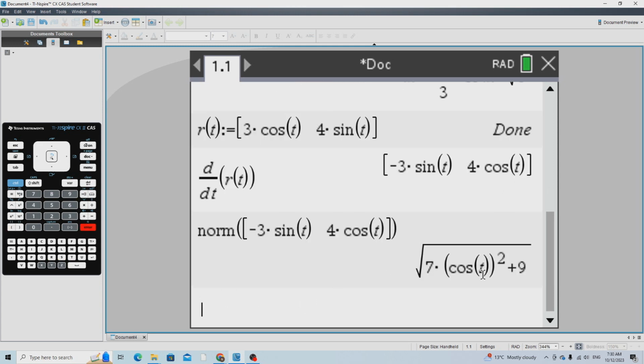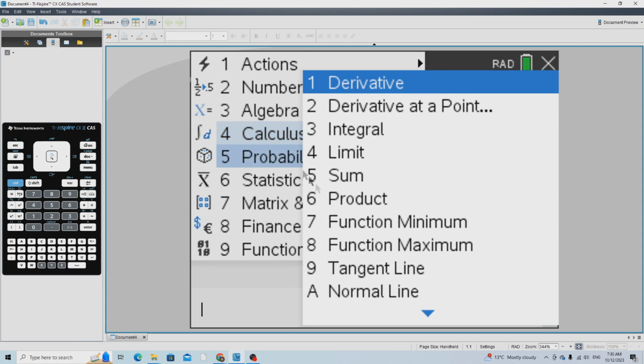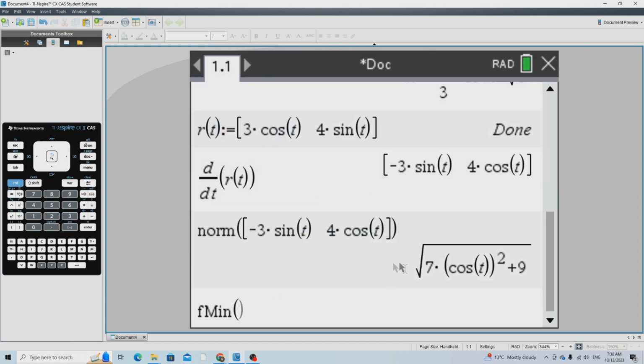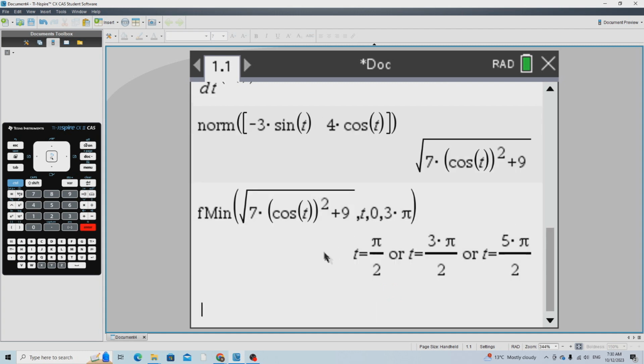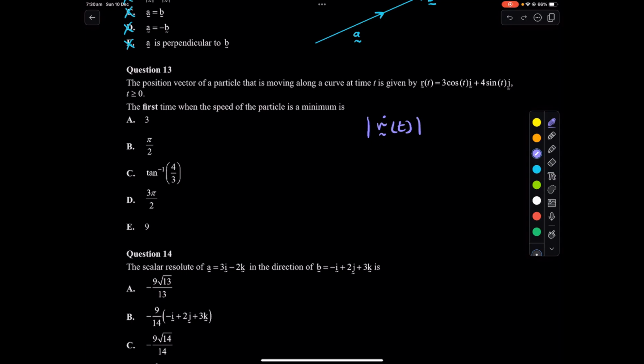Answer, and we get this. Now we go to menu, then calculus, and we want to find the minimum. So we go minimum, this, comma t, given that t is greater than 0, let's say 0 to 3 pi or something, but we only want the first time. So enter, and we get like 3 times, but we only want the first one, which is pi over 2. So question 13 is B.